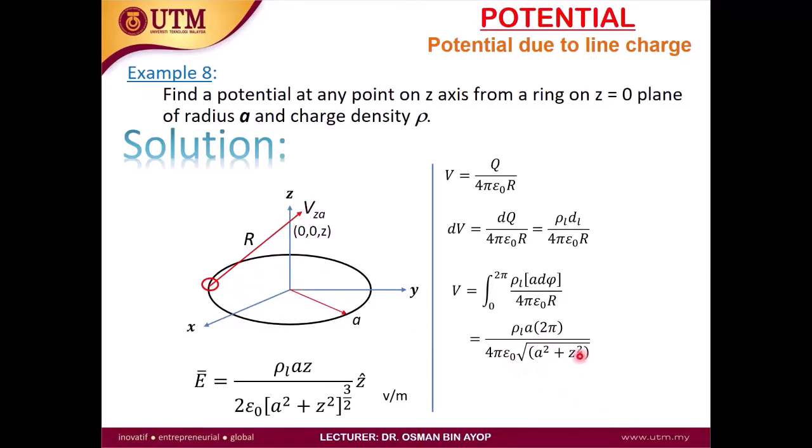So we got square root of a squared plus z squared volt. Okay, this is the final answer because we can cancel this 2 pi with the 4 pi, and we got rho L a divided by 2 epsilon naught square root of a squared plus z squared volt. This is the answer.